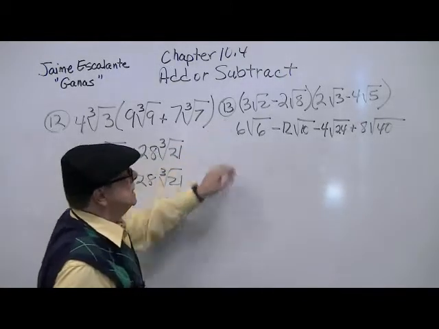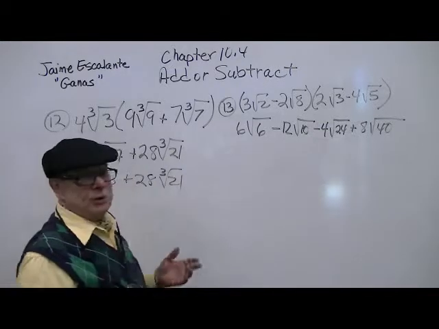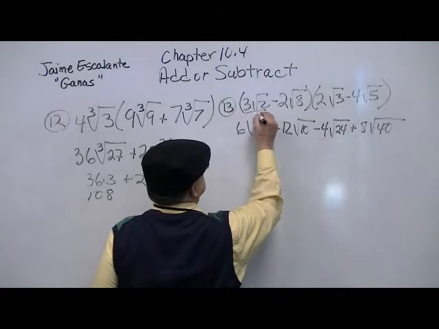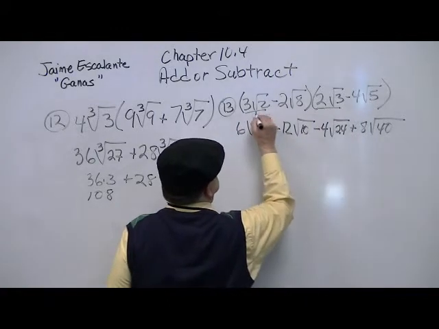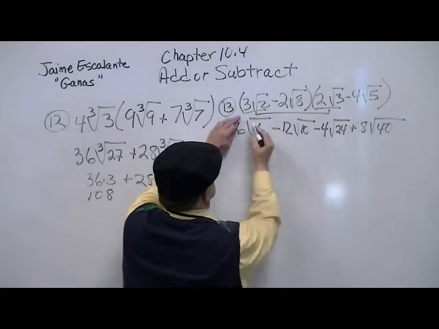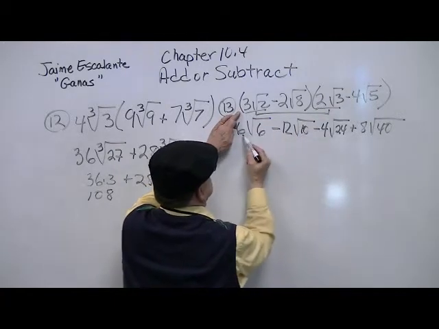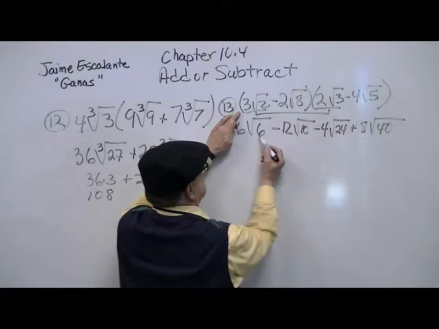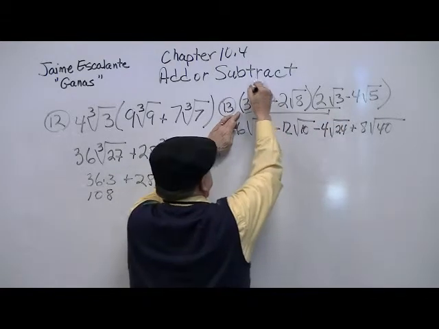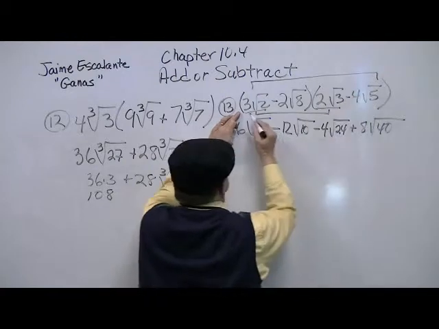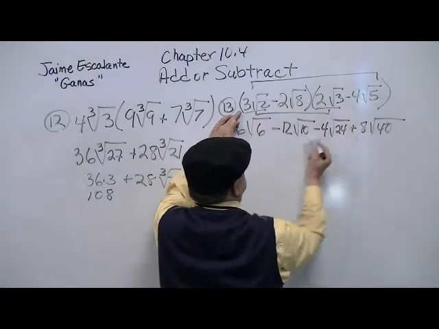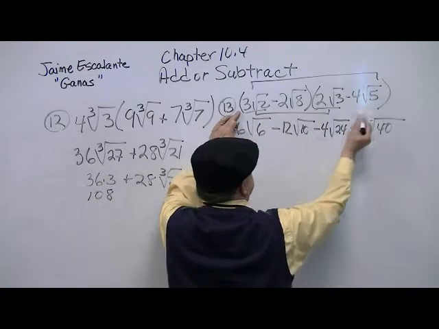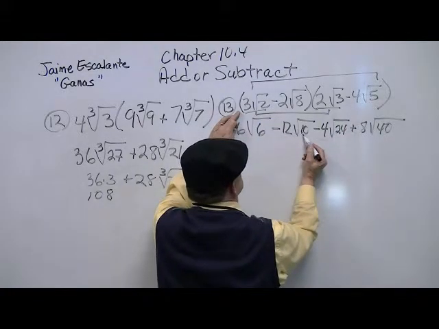Okay, number 13. Again, we're foiling. So we're going to multiply this by this. So 3 times 2 is 6. The square root of 2 times the square root of 3 is the square root of 6. Now when we do our outers, we go 3 times a negative 4 is a negative 12. 2 times 5, square root of 10.